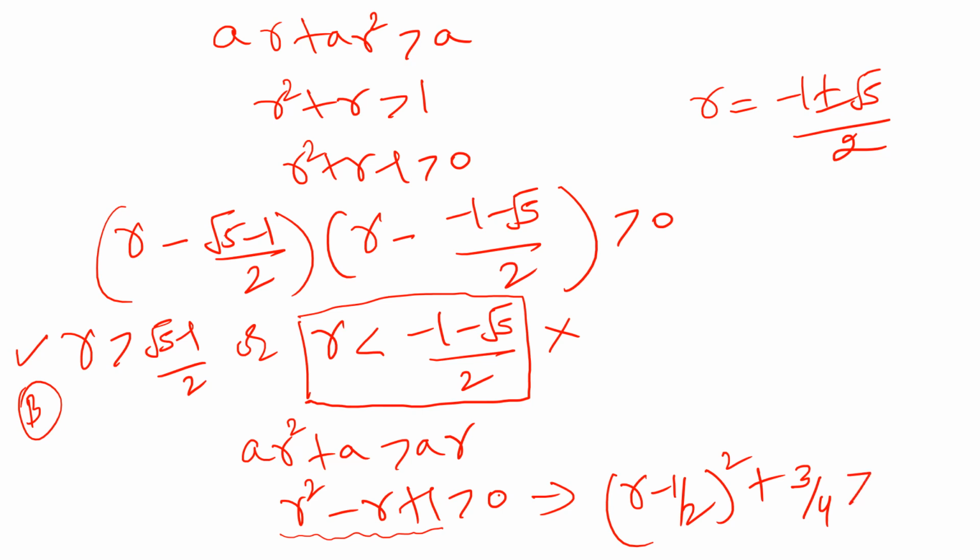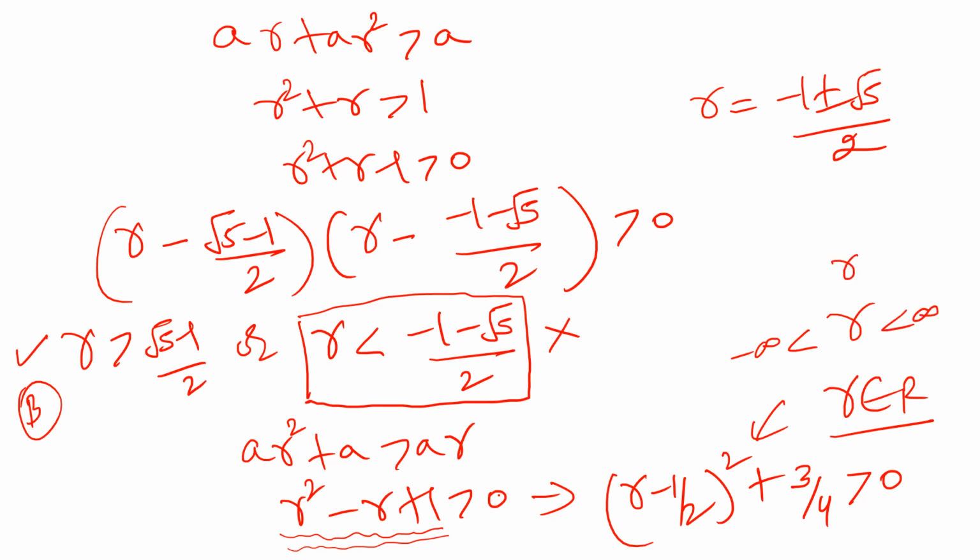Now this is obviously greater than 0 for all real values of r. That means there is not going to be a particular interval for r. It is true for any real value of r. So that means here I can write r belongs to any real number, or r is between minus infinity to infinity. But actually r cannot be negative, so that means we can write r from 0 to infinity.